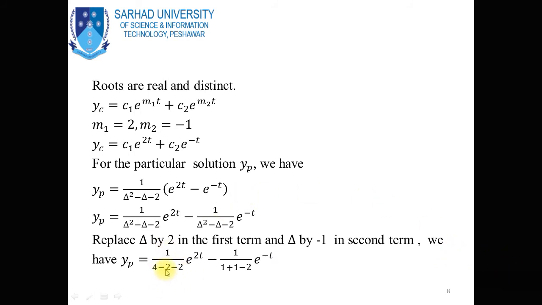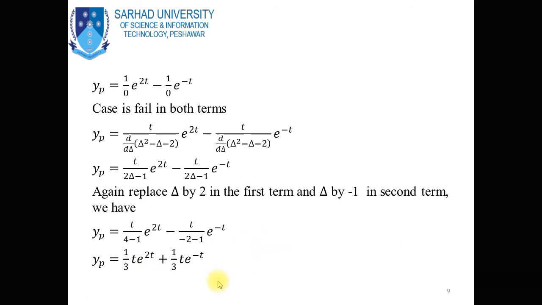Now this is the fail case, 1 over 0, and this is also 1 over 0. So for the fail case we take the derivative of del square minus del minus 2 in the first term, and in this term also, and write t divided by the derivative of this, and in the second term t divided by the derivative of this. So the derivative of del square is 2 del, the derivative of del is 1 and the derivative of 2 is 0.